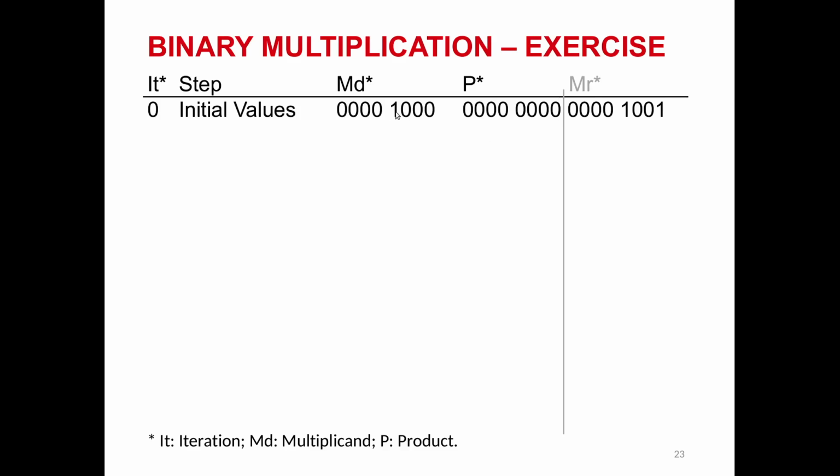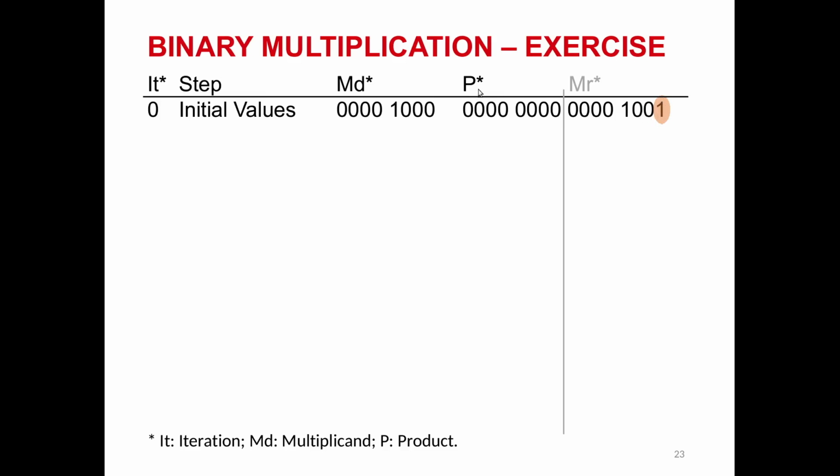So as we can see here, the initial value for MD is 8 in decimal, and the initial value for P or product is 9 in the lower bits, or 1001 for the multiplier. As we can see here, the least significant bit of the product, or the least significant bit of the multiplier here, is 1.